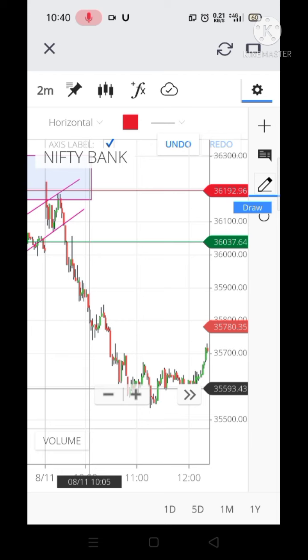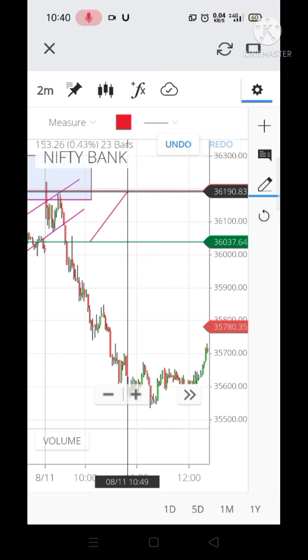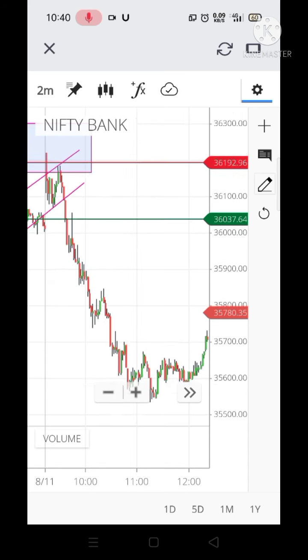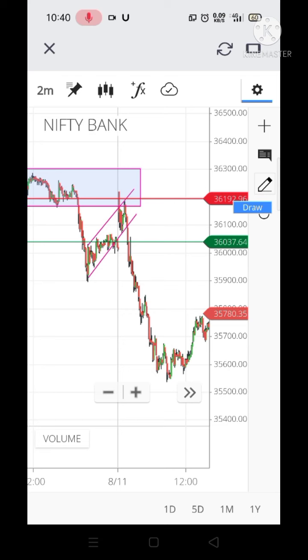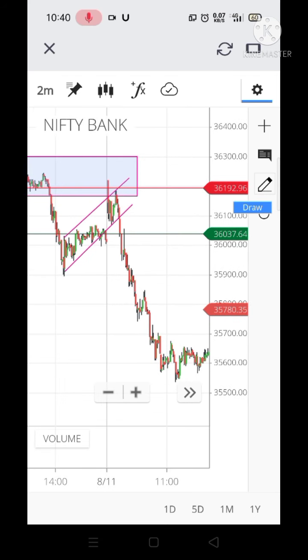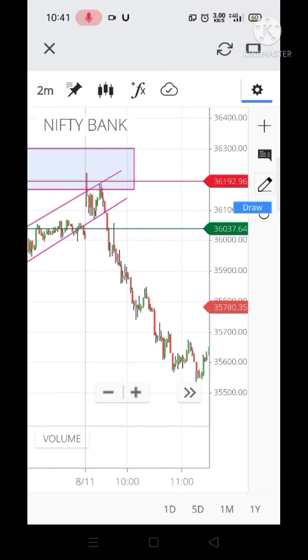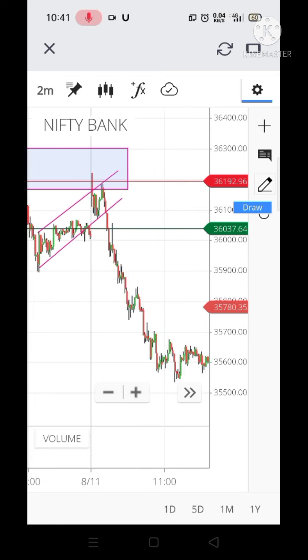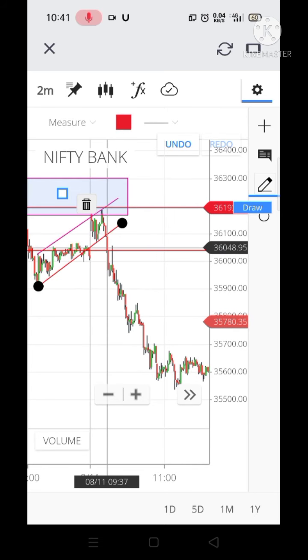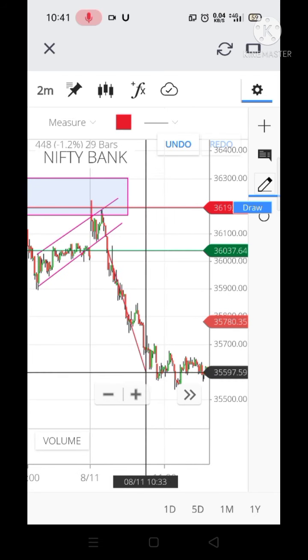If you measure the gap between my entry and my stop loss, that was 150 points, around 4,000 per lot. That's why I only took 5 lots for today, and my entry was here.